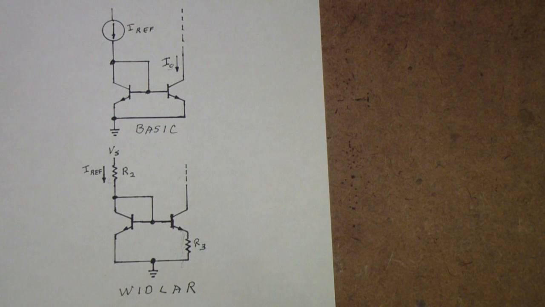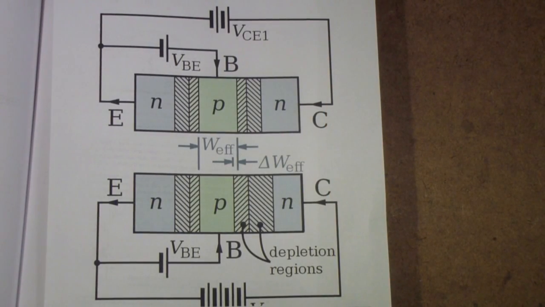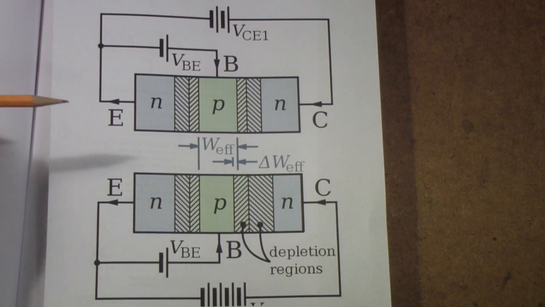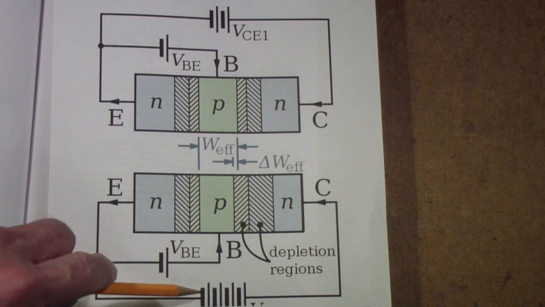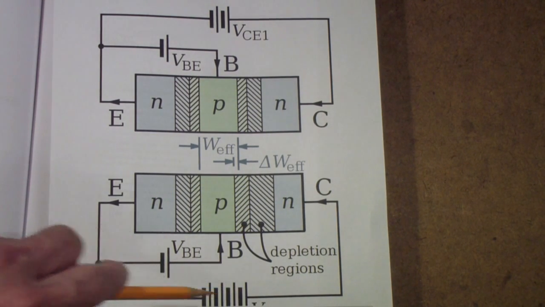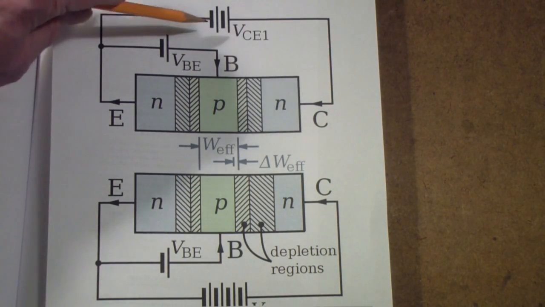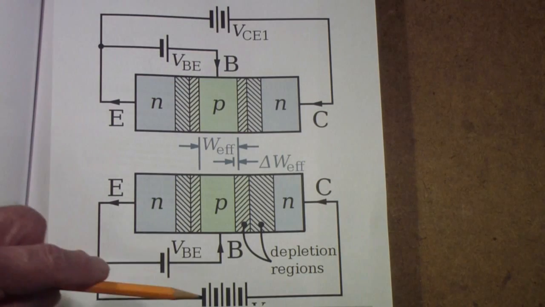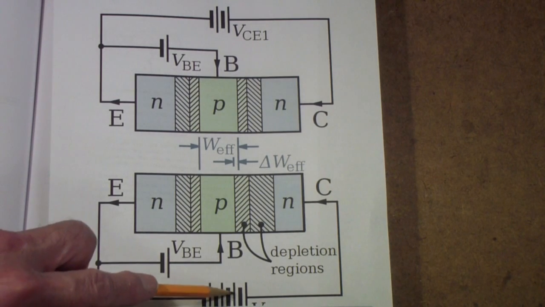Let's take a quick look at the effect of collector voltage on the base to emitter voltage, and then we'll go on and take a look at the curve tracer. This is a picture taken from Wikipedia on current mirrors, and what it attempts to show is if the collector to emitter voltage is greater, in this case we have VCE1, let's say 10 volts, and then you raise that to say 20 volts with a larger collector to emitter voltage.